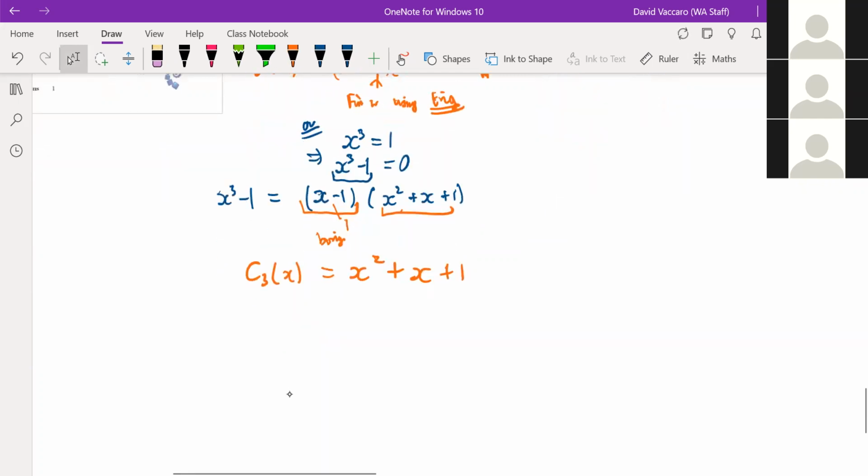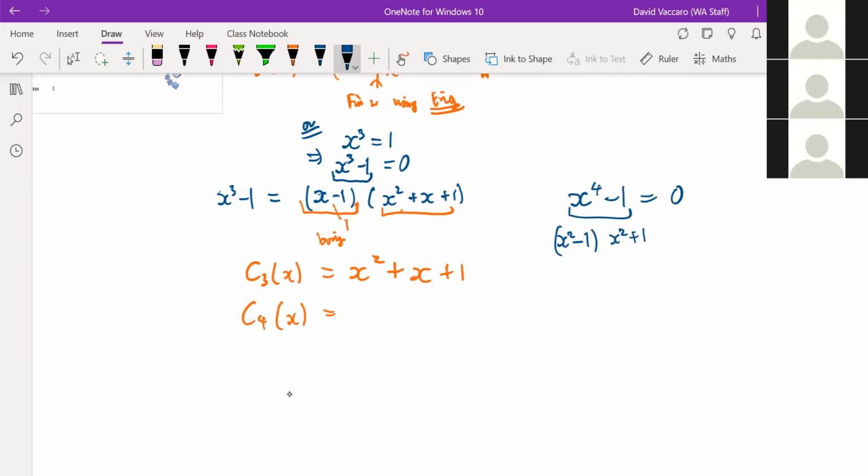Okay, let's do c4 of x by a similar method. Okay, c4 of x, we've got x to the 4 minus 1 is equal to 0, which factorizes as x squared minus 1, x squared plus 1 equals 0. But x squared minus 1 factorizes as x minus 1, x plus 1. The root here is 1. That's not a primitive fourth root of unity because we've already picked it up.